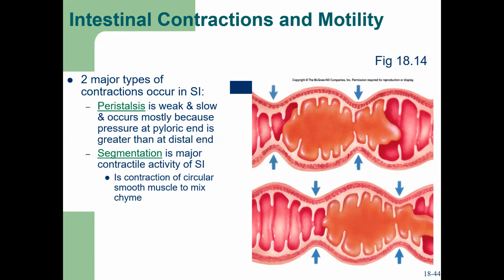In phasic contractions, the smooth muscle will contract and relax in waves. The contraction and relaxation in waves tends to produce peristalsis, and then the more powerful phasic contractions are responsible for segmentation.